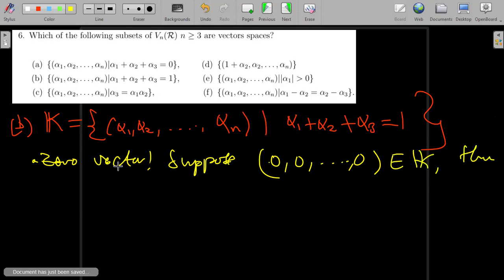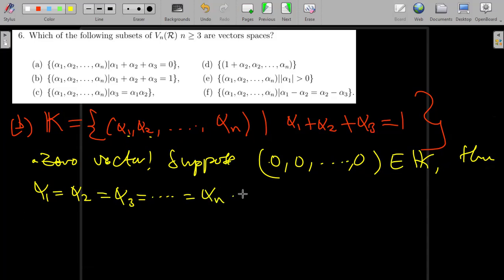Then that would mean that alpha 1, alpha 2, all the alphas here will just be zeros. So alpha 1 is equal to alpha 2, which is equal to alpha 3, which is equal to alpha n, which is equal to 0. So all the alphas here are 0. Is this condition met?